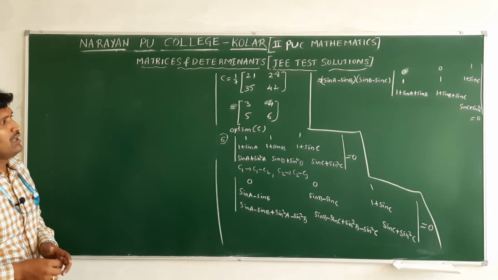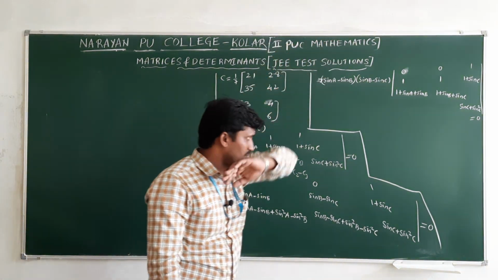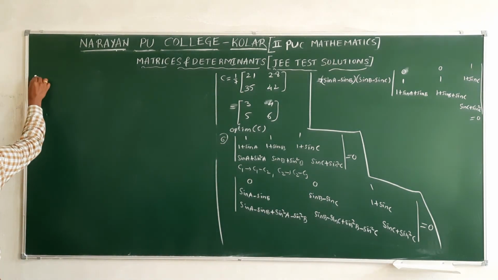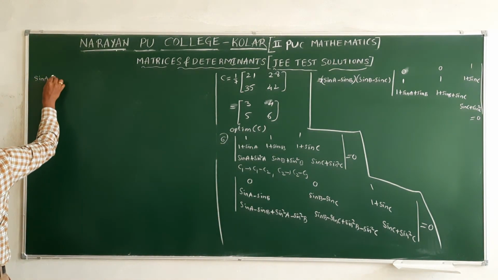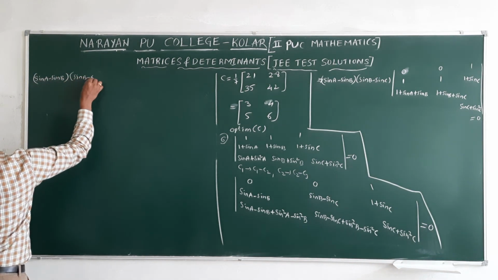If you expand along row 1, sin A minus sin B is there, and sin B minus sin C is there.